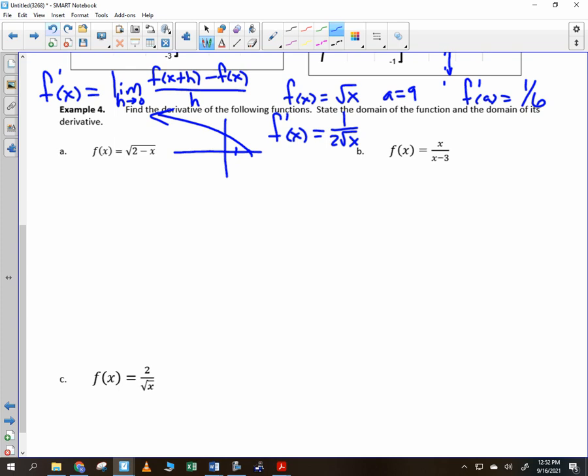Let's find the derivative. f prime of x is equal to the limit as h approaches 0 of, let's see what we do. We write the function, but instead of putting an x, we put x plus h. So I have the square root of 2 minus (x plus h).